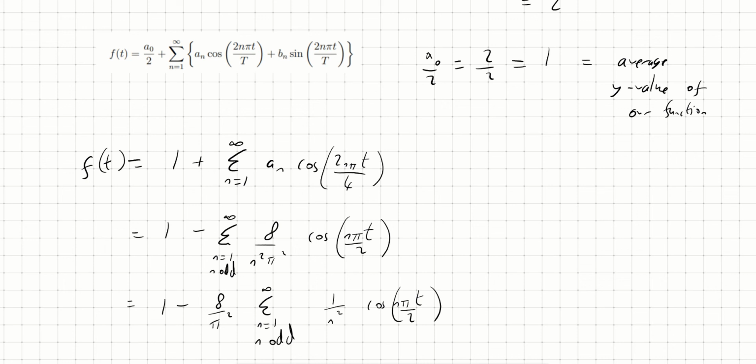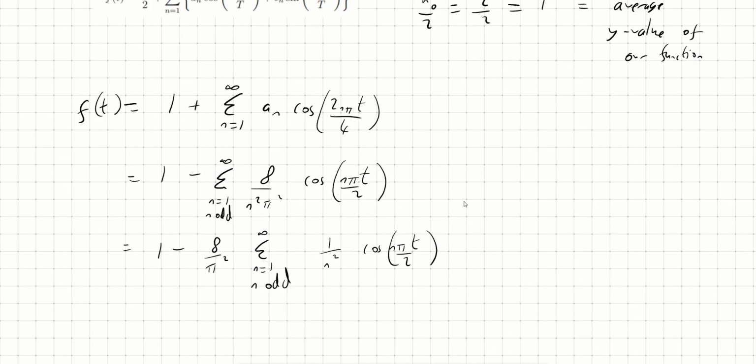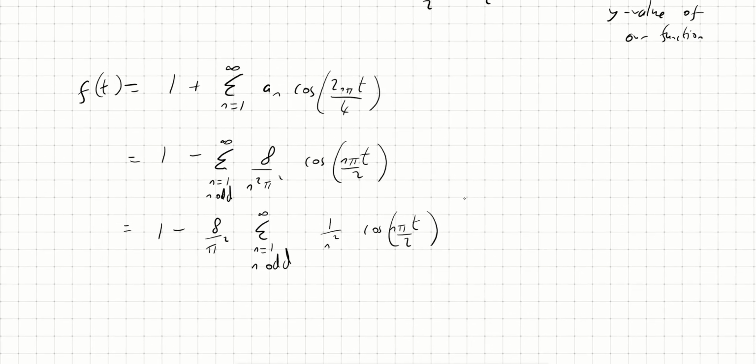Now, because n is an odd number, we can rewrite that as, so let n equal 2k plus 1. So an odd number n can be written as 2k plus 1. So this is the same as 1 minus 8 over pi squared times the sum.